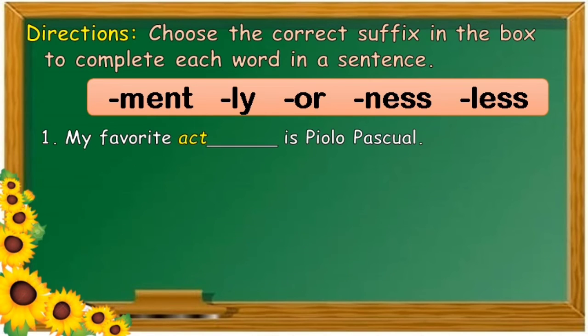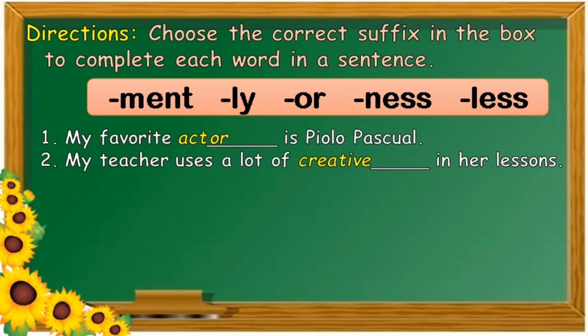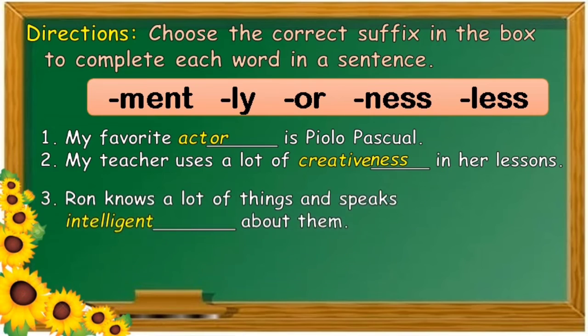Number 1. My favorite act blank is Piolo Pascual. Very good. The answer is or, actor. Number 2. My teacher uses a lot of creative blank in her lessons. And the correct answer is ness, creativeness. Number 3.